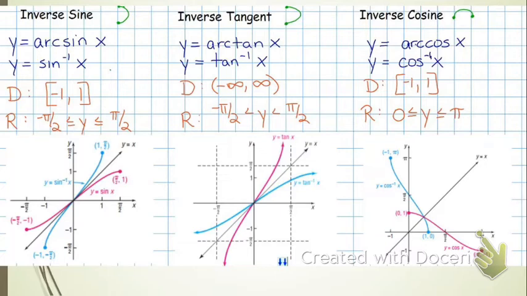For inverse sine, what part of the unit circle are we going to be paying attention to? First quadrant and the fourth quadrant. For inverse tangent, we're paying attention to what? First and fourth again.